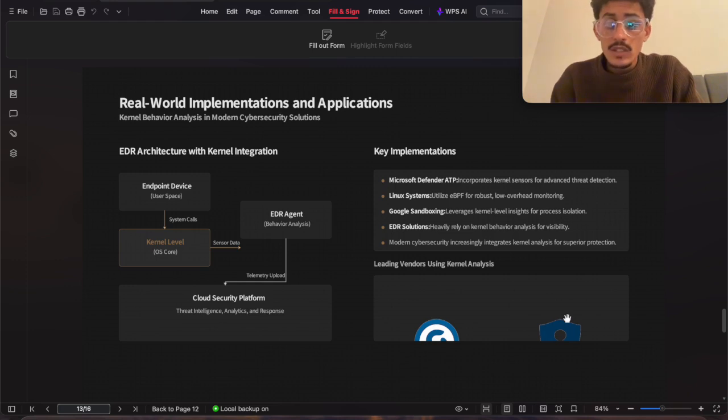Implementations: there are 5. Microsoft Defender, Linux systems, and Google sandboxing and EDR solutions.